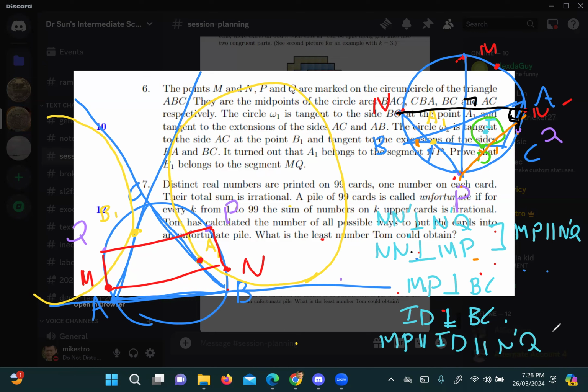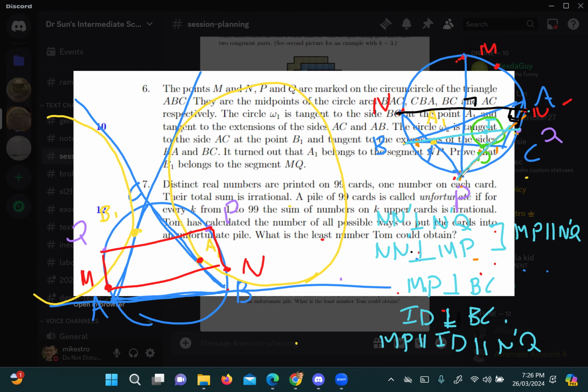So what does this mean? Since Q is the midarc of AC, we get that B, I, Q are collinear, right? So we'll just draw in that line. And we note that N prime, D, P are collinear, right?